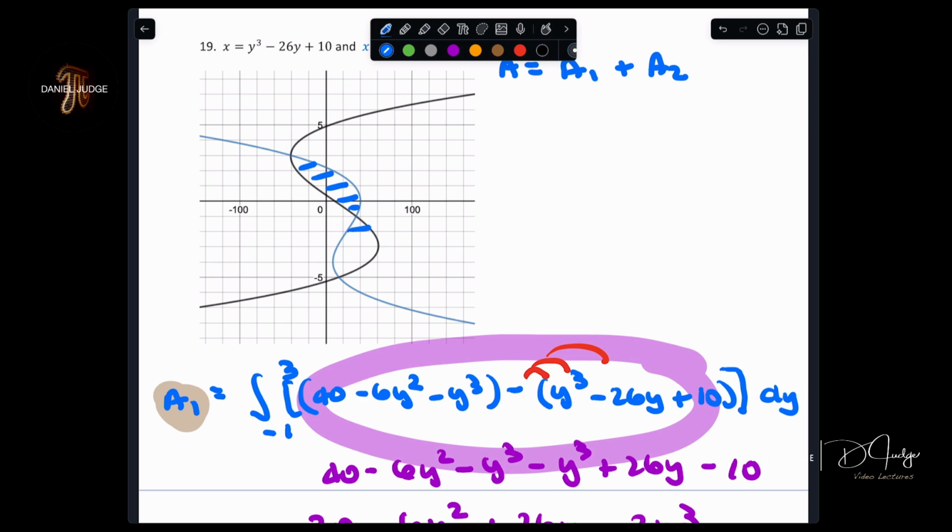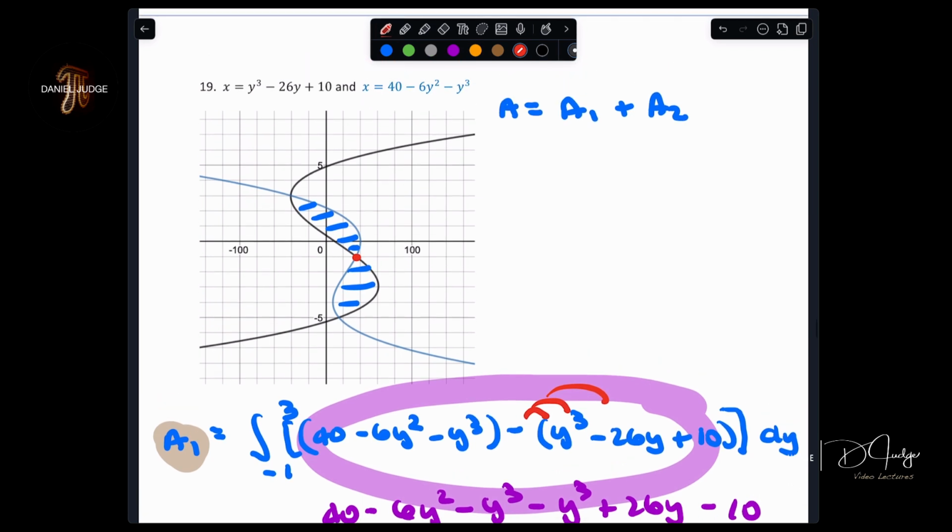And yes, the curves intertwined at this location here. So it's 2 integrals. This first one is 128, and the second one was a negative 122. Anyway, that's the total area we got with 6. Number 19.